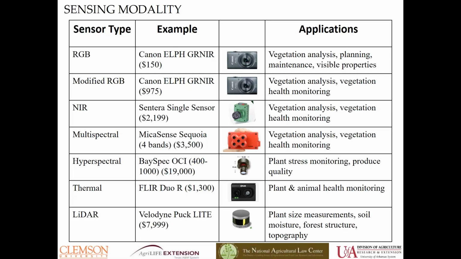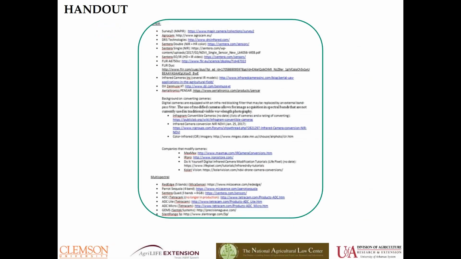Hyperspectral and LiDAR will likely have very specialized uses based on the sensor cost and the challenge in processing images. Note that the speaker's notes provide links to a number of articles on sensors for agriculture and examples of specific sensors.